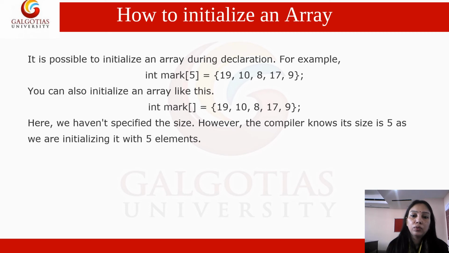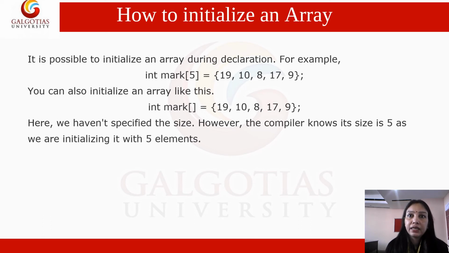Before that, we have declared arrays, and just like in the unit first I told you about variable declaration and variable initialization, right? Initialization means that at the time of declaration you are giving all the elements of an array or a variable, so this is known as initialization.